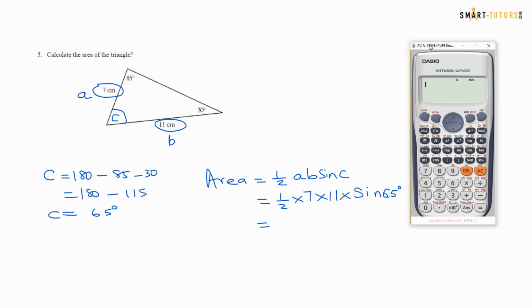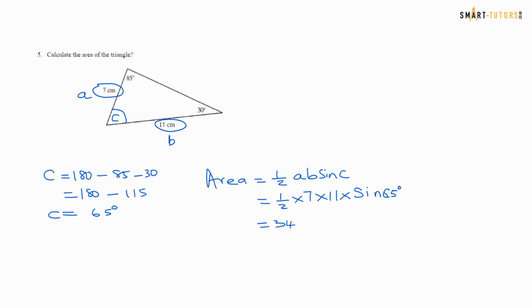So half, which is 0.5, times 7 times 11 times sine 65, close brackets, and equals 34.89 centimeter square. That is the answer for question number 5.